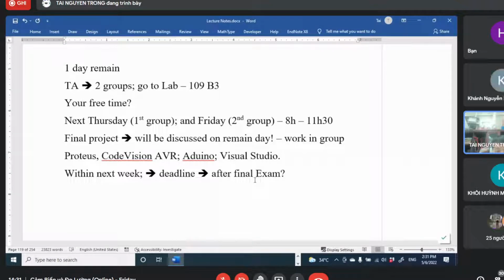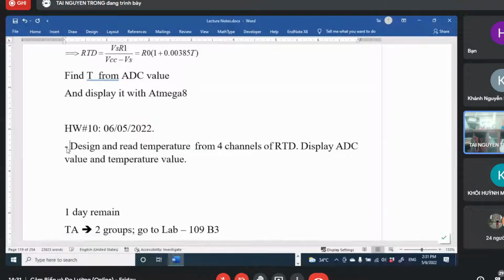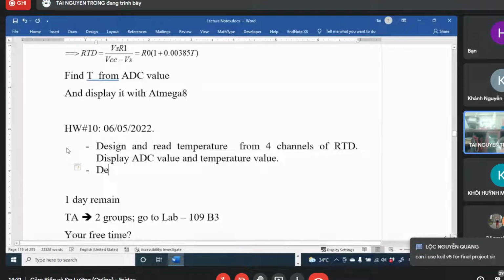Any further question? Then take a review for the sensor, and the second one is design the circuit.